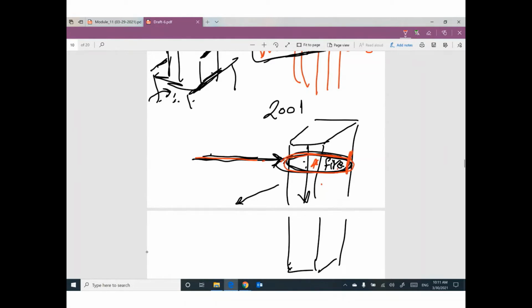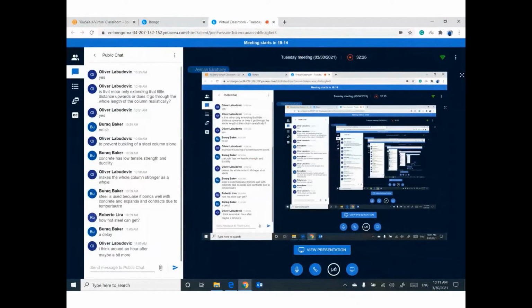This fire was heating the elements or the columns of the building. After a period of time, whatever the design, 30 minutes, 45 minutes, 1 hour, collapse will start to happen. So the two high-rise buildings did not collapse due to the hit of the plane. No, the plane made fire and the fire caused collapse. Okay, that makes sense?